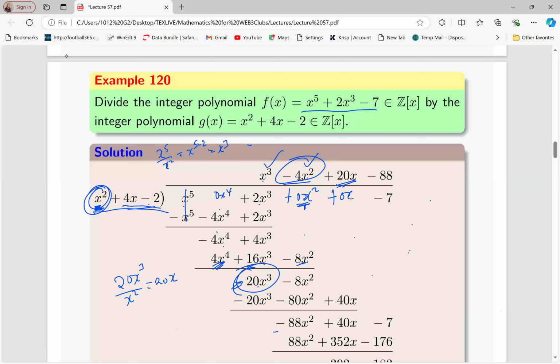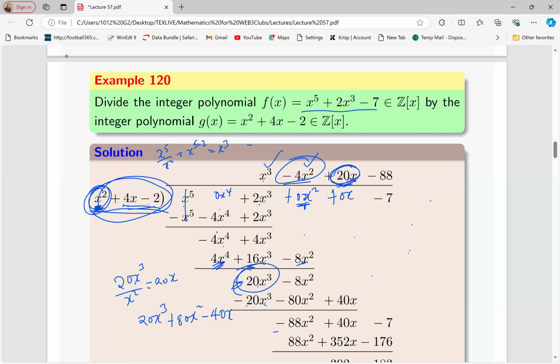That's what I write. Then after getting how many times it goes there, I multiply the entire result, this 20x, times the entire polynomial. So 20x times that gives me 20x cubed. And then 20x times that will be 80x squared, 8x squared. And then 20x times that gives me negative 40x.